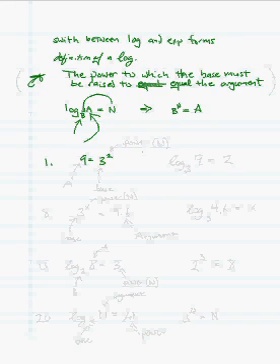So here we can write it another way. We consider this part to be the base. This is the power to which it has to be raised. And this is the n, or actually this is the a. This is the argument rather. So that's the argument of the logarithm.